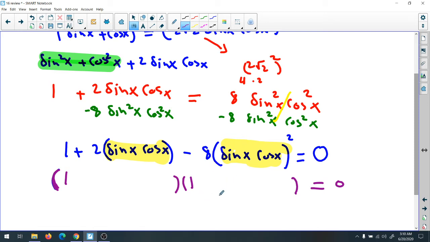Negative 8. It could be 2 times 4. It should be 2 times 4 because the difference between 2 and 4 is 2. So 2 of that thing, sine x cosine x, times 4. 2 sine x cosine x. And here's 4 sine x cosine x.